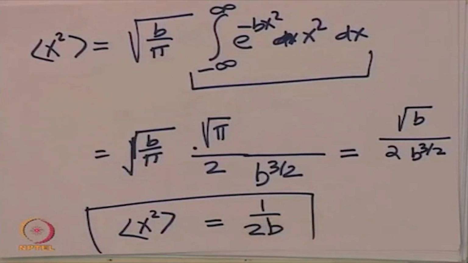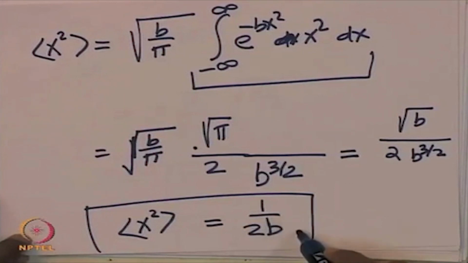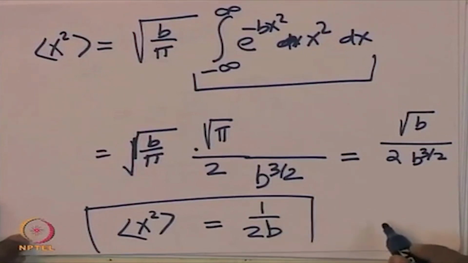So, what did we find? We found two things. We found the average of x for a Gaussian function of this particular probability normal distribution. If you look at the slide, you will see x square. What we just found is that x square average is 1 over 2b, and we had found that x average is 0.